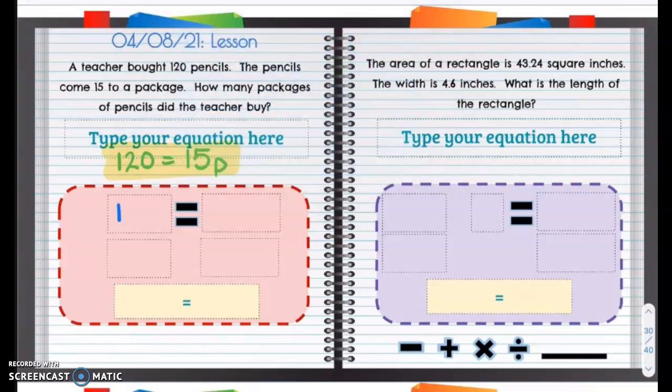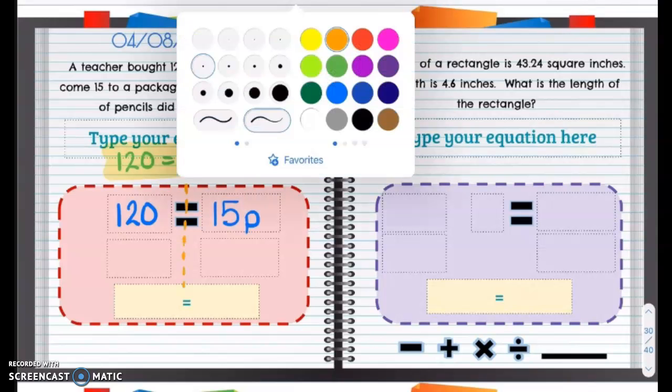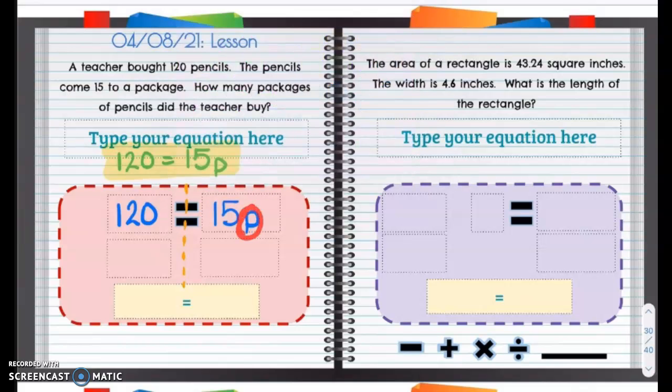So if we have 120 equals 15 times P, what we do to one side of the equation, we must do to the other. We need to get P by itself. This means multiplication, and remember, the inverse of multiplication is division.